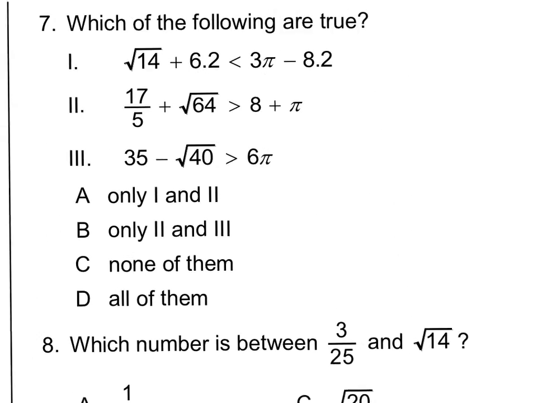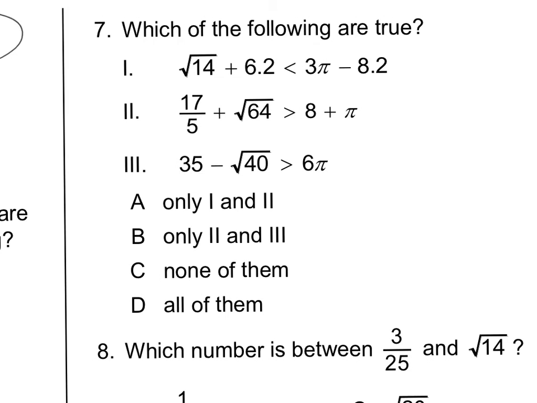Number 7 is probably the biggest pain in the butt on the whole test. It takes a little bit more work. On my calculator, I'm going to say the square root of 14, which is 3.74, blah, blah, blah, plus 6.2.